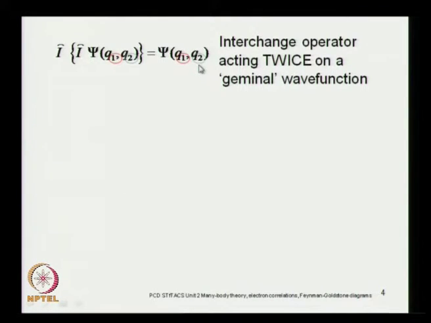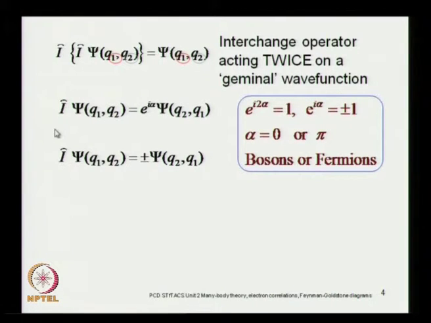Now, this is a geminal wave function, which is a wave function for the twin particles, they are completely identical in all respects, and you will recover the same function, which means that if you interchange only once, you can at the most change the phase of this wave function by e to the i alpha, right, and e to the 2i alpha must be unity, which is what you will get over here, which means that alpha is either 0 or pi, and depending on whether it is 0 or pi, you have either Bose particles or Fermi particles.